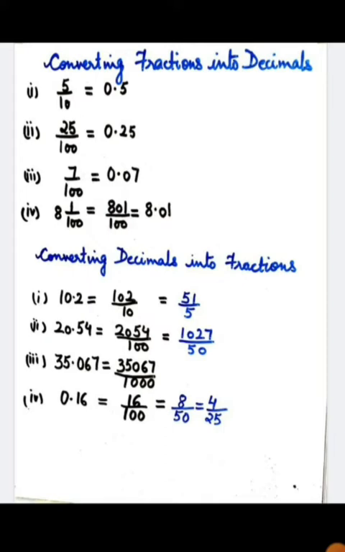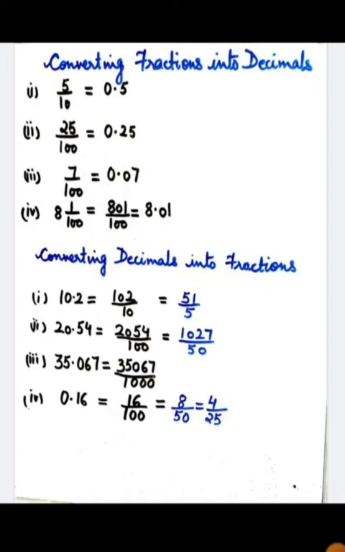And in the third example, the given number is 7 upon 100. First of all, we will write the numerator as 7 and check how many zeros are given in the denominator. There are 2 zeros. So we have to put the dot after 2 places from the back. But you know we have only one digit, 7, with us.